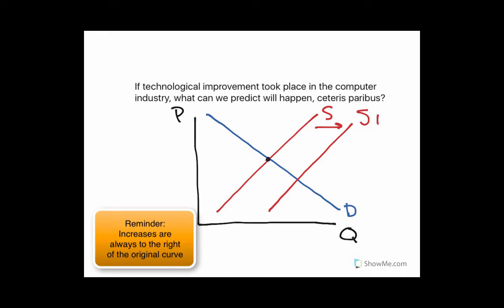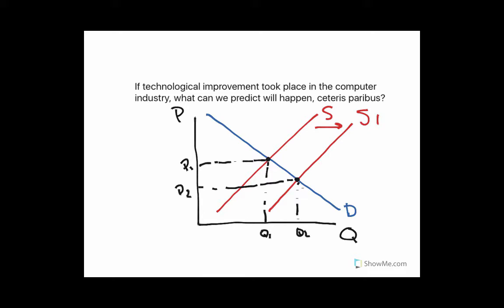So we used to be here, and then we moved to this point. So you can see that the equilibrium quantity goes up and the equilibrium price goes down.